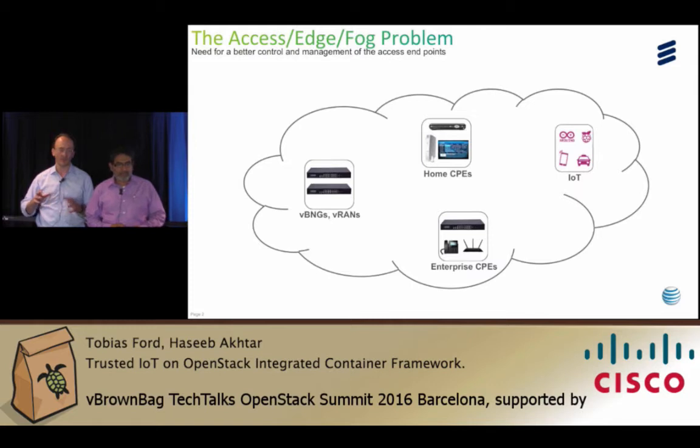We have to have a new type of box at everyone's house. We're trying to deploy new types of CPE devices, for both customer and enterprise, and we're also having to deal with IoT workloads. So this presents the possibility of having a lot of unused resource out at the edge. How do we manage that?